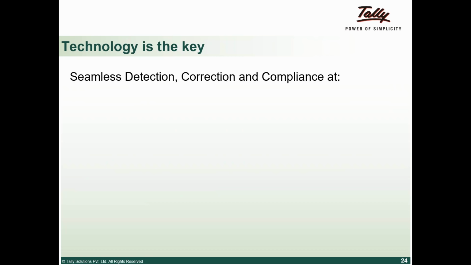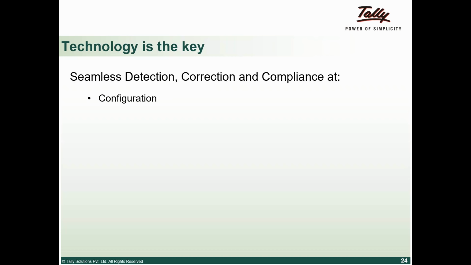If you see here, technology plays a role. We were talking about technology being the key. So what should be the technology system or software which would help? I'm talking from an overall technology perspective, right? Any technology should help the GST dealers in seamlessly detecting, correcting, and complying at various stages.